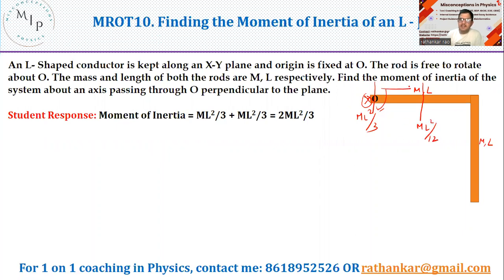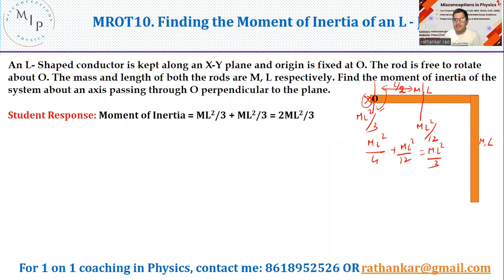And here, this distance is L by 2, this is L by 2. So the total moment of inertia about O due to this rod alone is ML square by 4 plus ML square by 12, which should now be equal to ML square by 3. Taking the LCM, I equals I0 plus Mh square. Simple parallel axis theorem.